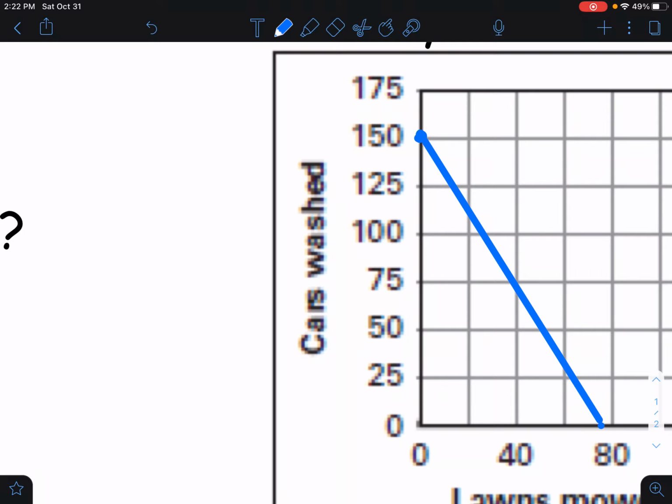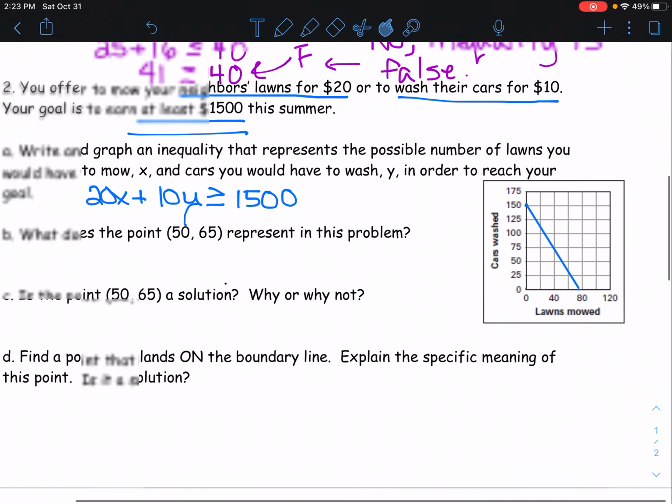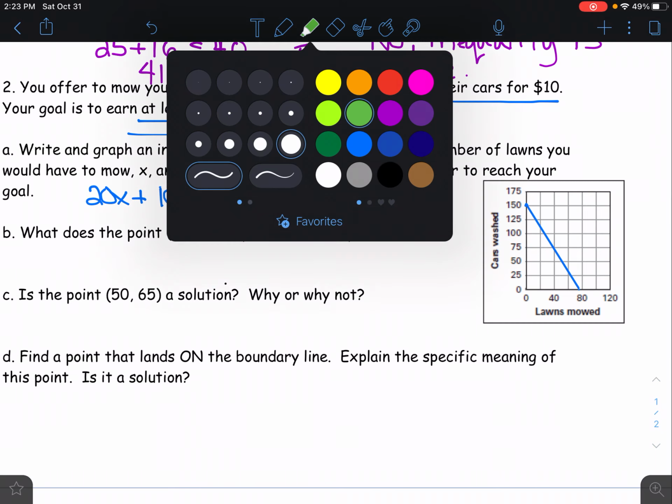All right, so now I want to figure out which way am I shading. All right, now it says greater than or equal to 1500. So now if I put a 0 and a 0 in there, I would get 0 is greater than or equal to 1500. That would be a false statement. So I want to shade away from 0. So I'm going to do that.